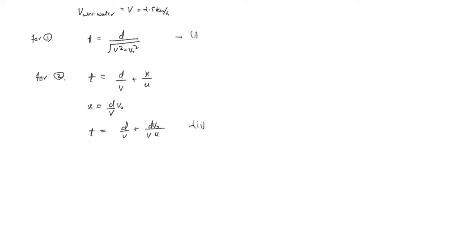Now we can equate both these equations. From 1 and 2 we will get D divided by under root of V square minus V0 square is equal to D by V plus D into V0 divided by V into U. Here D will get cancelled.